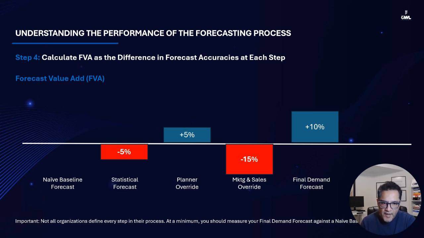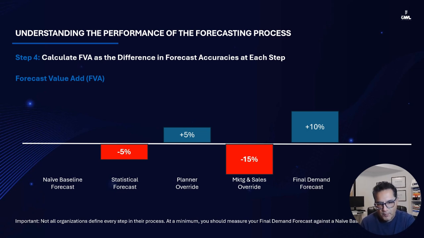Now, if you go to the next step, from the 90% that the statistical forecast showed as the forecast accuracy metric, the changes or overrides that the planner made improved the accuracy by 5 points as compared to the statistical forecast.